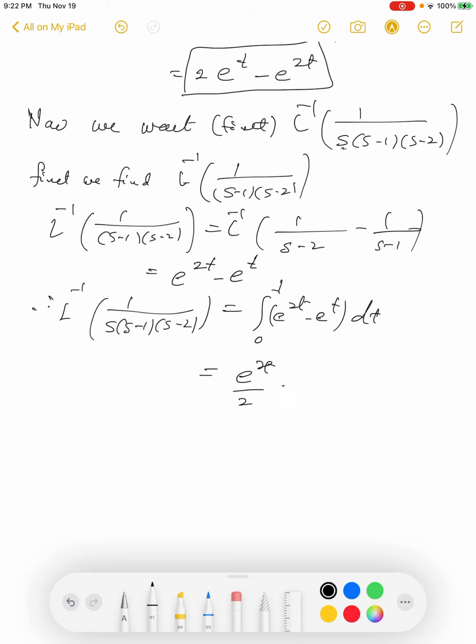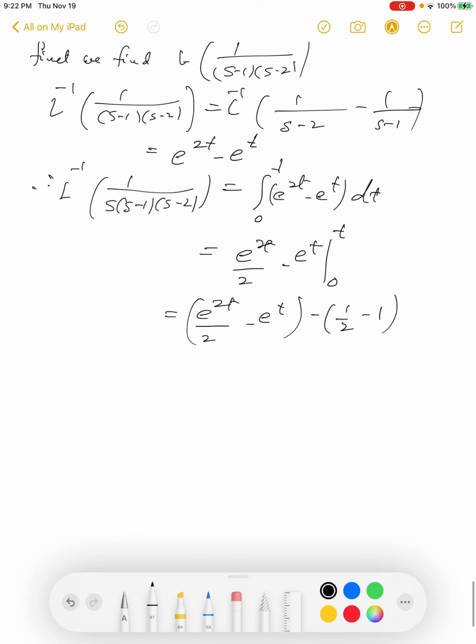So this is e to the 2t by 2 minus e to the t evaluated between 0 to t, which gives you e to the 2t by 2 minus e to the t minus the value at 0 here, which is 1/2 minus 1. This is minus half, and then the minus outside will give you plus half.